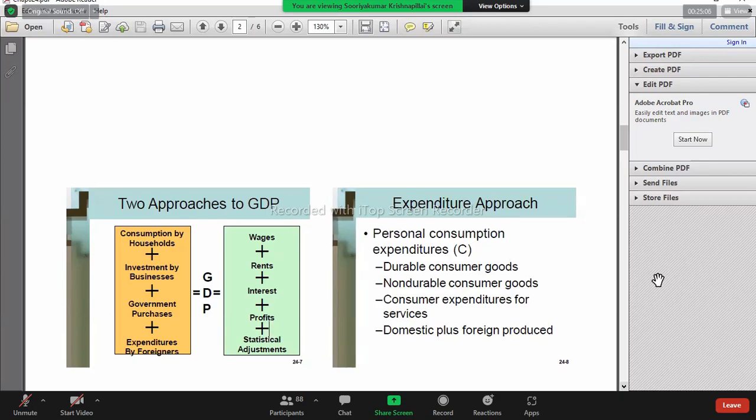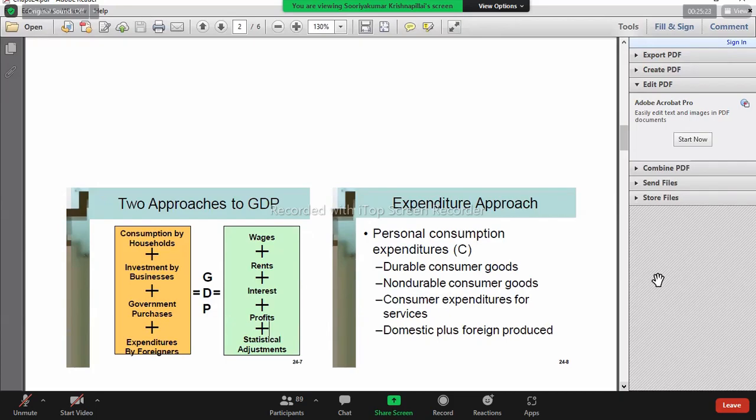Now in the consumption expenditure, we include goods produced in the foreign country also. So in the last component, expenditure by foreigners, we remove that.